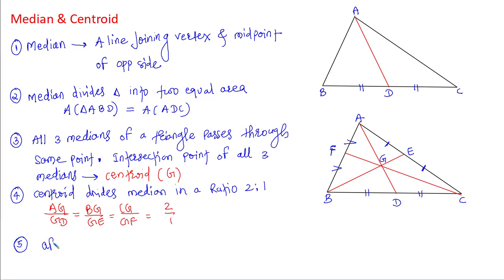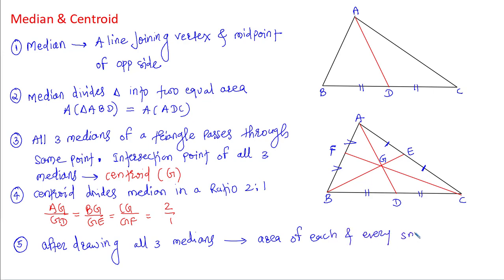So after drawing all three medians, a total of 6 triangles are formed, and the area of each small triangle is equal to 1/6 of the area of triangle ABC.